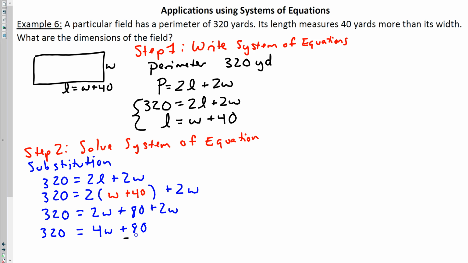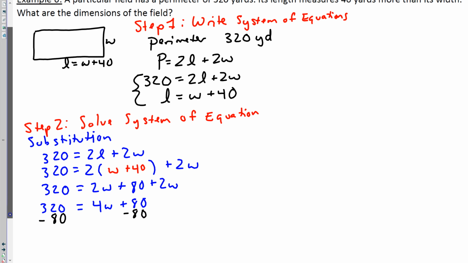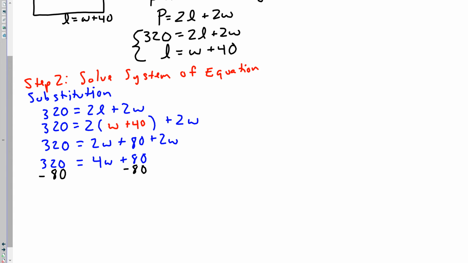And then I need to subtract my 80. I'd be left with 240 equals 4W. Divide out 4, and I get that my width W is 60.